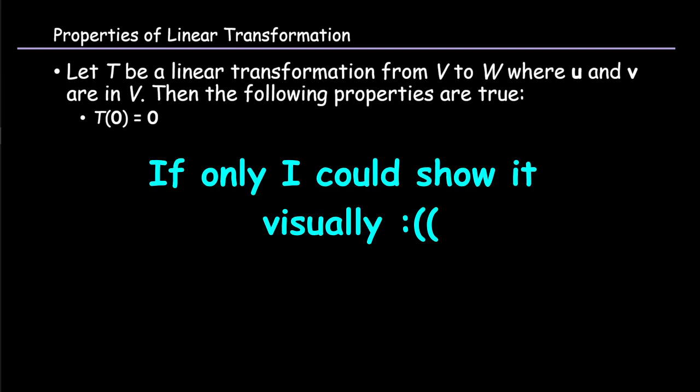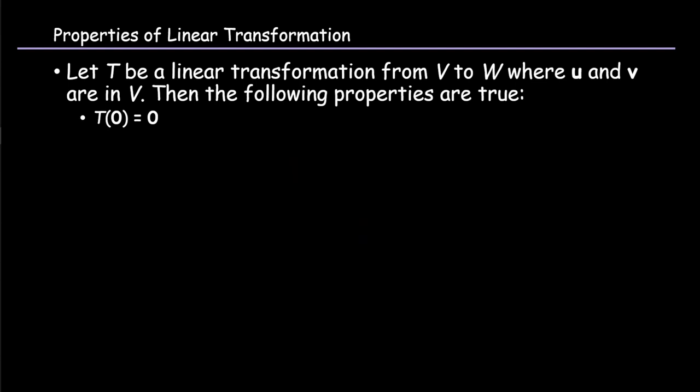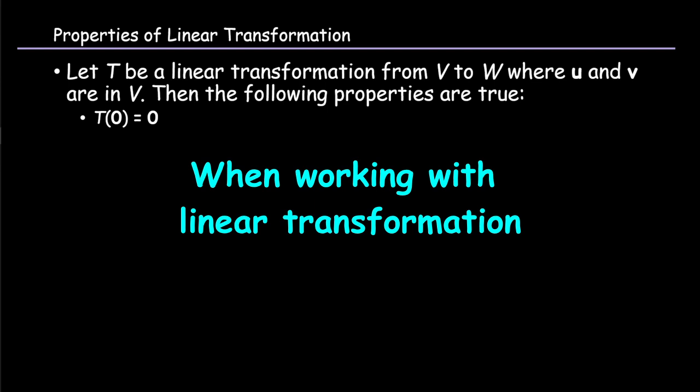So 0 will always be 0. There are cases where you'll be able to shift it, but that's outside of linear algebra. So we're going to be working with transformations where it has to be 0. 0 is 0. That's final.